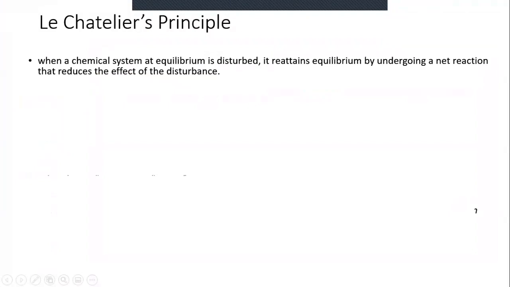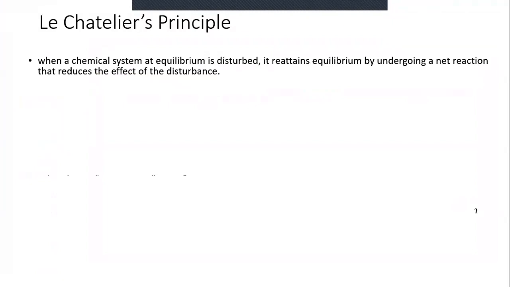Like I said, today we'll be looking at Le Chatelier's principle, the last part of the chapter on equilibrium. So basically, Le Chatelier's principle helps us explain what happens to a system in equilibrium when it undergoes a disturbance in the equilibrium.